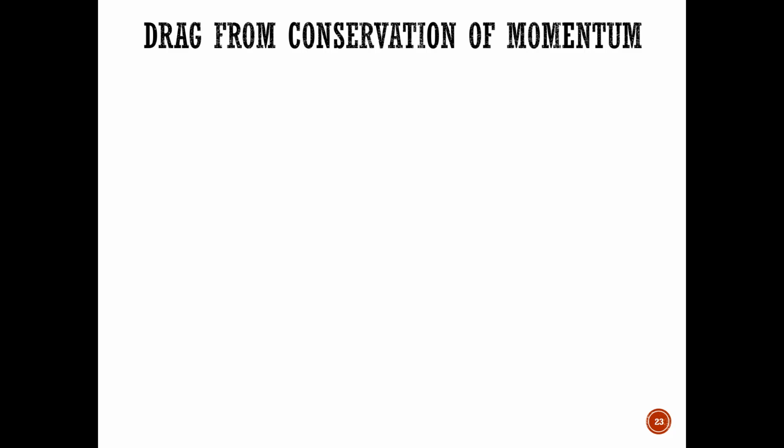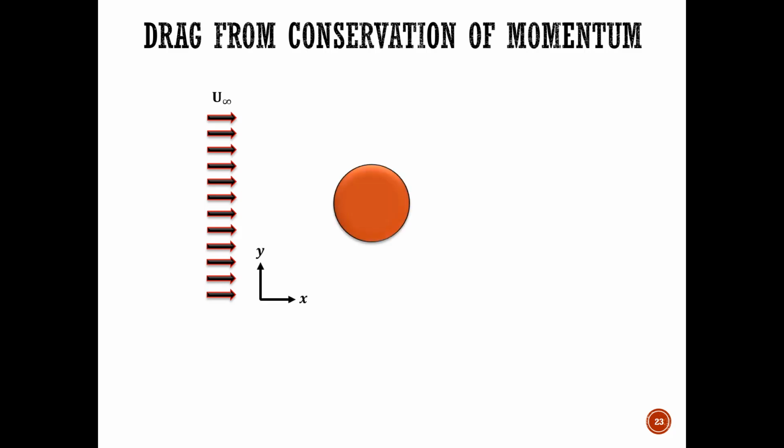I hope you guys are familiar with conservation of mass and momentum from the last two videos. Now let's consider you have a velocity coming in with a certain speed, like u infinity. Let's place a classical cylinder in the test section, or in the flow.